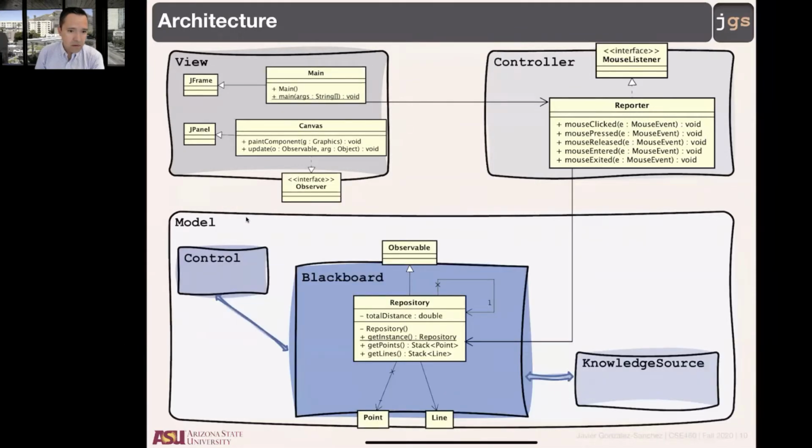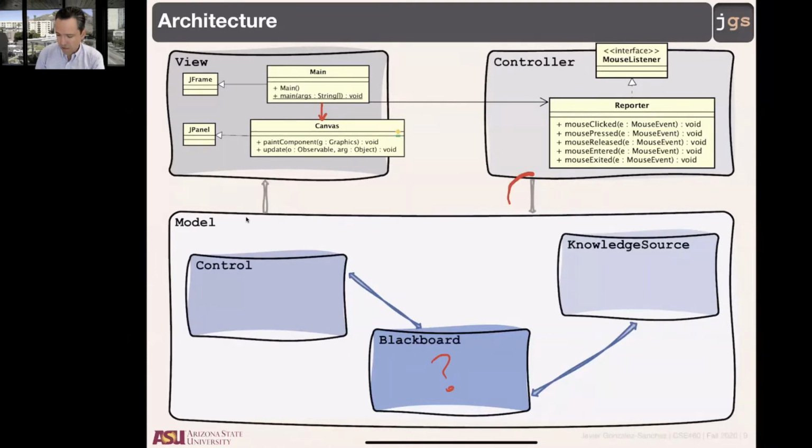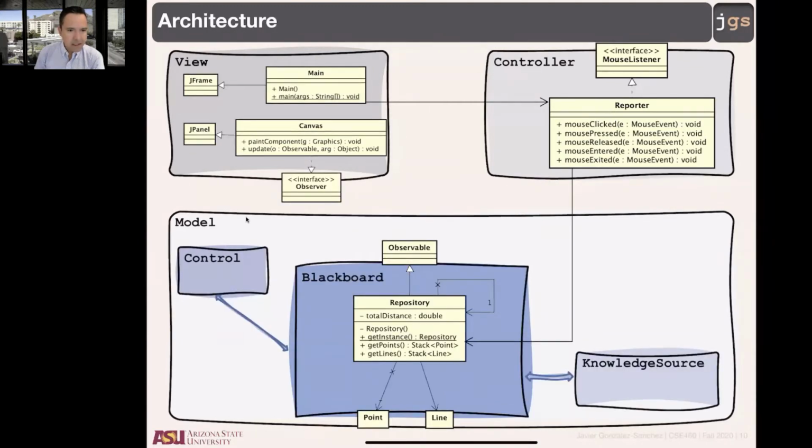Put information. Put information means that this connection here, the connection between the controller and the model, well, step number one, that connection is going to become the reporter accessing the Blackboard.